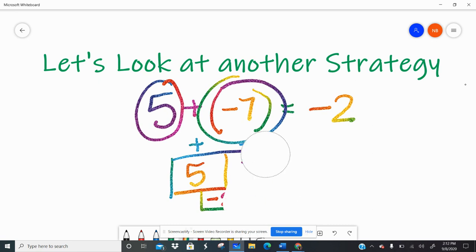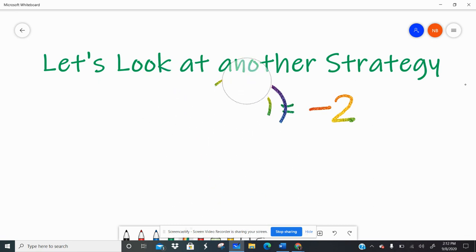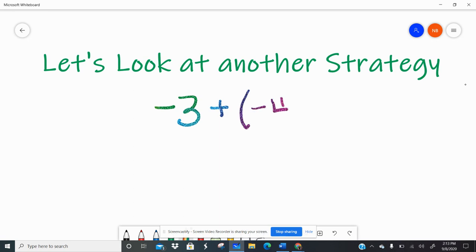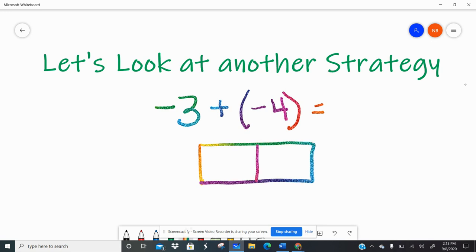All right, let's try one more. All right, so now what if I have -3 plus -4? Well, let's use that scoreboard strategy. So I have negative and positive. Well, if I look at my first integer, the negative team has 3 points, so I'm going to put a 3.